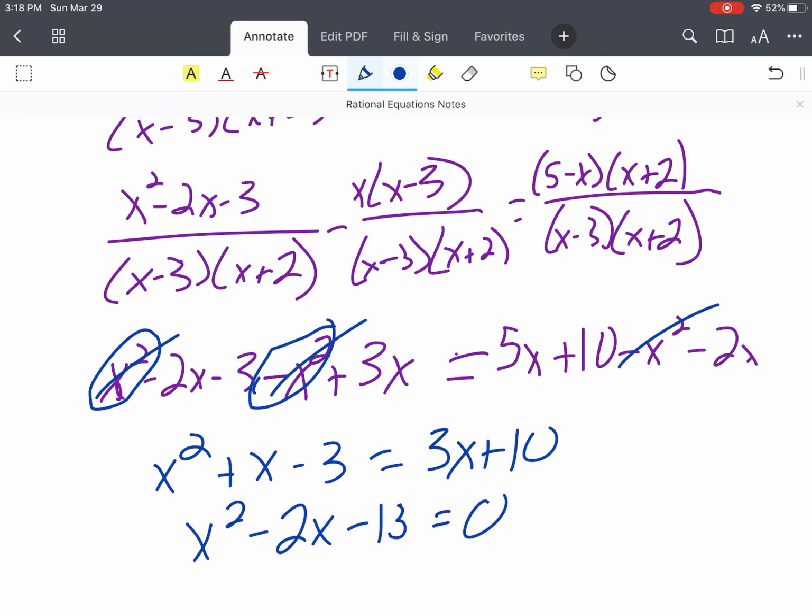Uh-oh. That's not factorable. Did I do that right? Let's see. Just screaming at me if you see it. Come on, guys. Plus x. Okay, minus a 3 still on this side. That should be good. The other side, you're going to have 5x plus 10 minus x squared minus 2x.